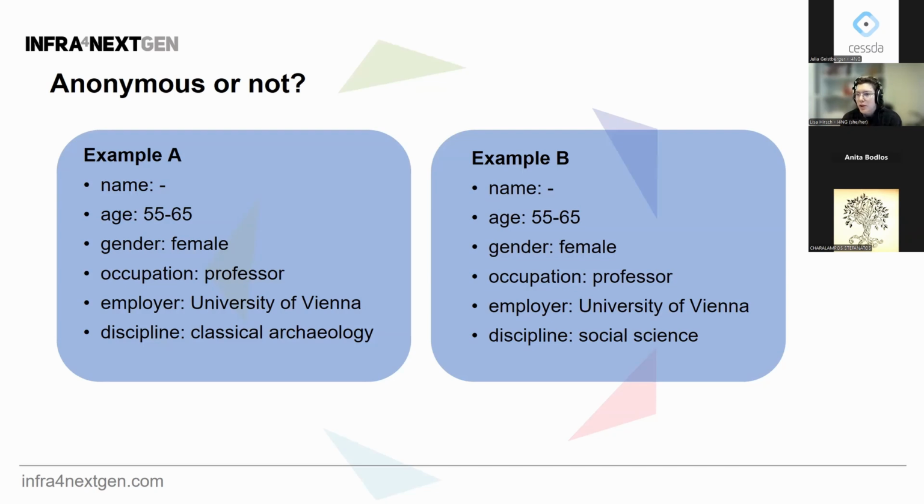But that is something that would need to be checked. And maybe the classical archaeology department has 60 full professors, half of which are female. So this is where context really matters. So you also have to know your data well and know your research question well in order to decide how to anonymize your data.